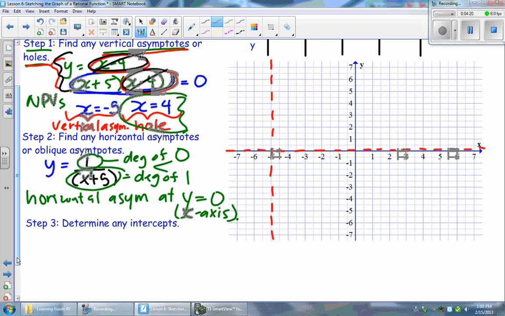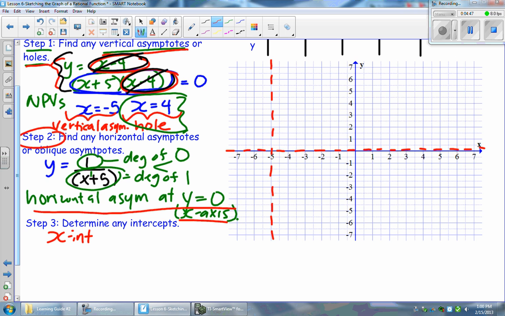Next thing we want to do is identify the intercepts. This involves both the x-intercepts and y-intercepts. So let's start with the x-intercepts, okay? The x-intercepts occur when y is equal to 0. You should know that already. But what did we find in step 2? Well, we found out we had a horizontal asymptote at y is equal to 0, which is also the x-axis.